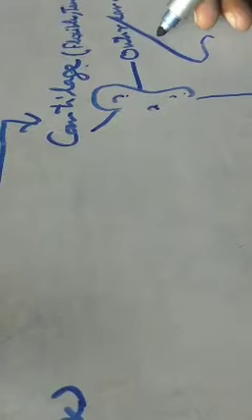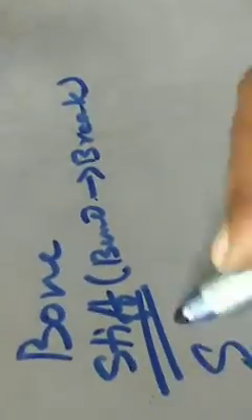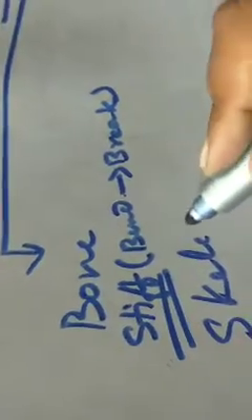This nose also is made up of cartilage, right? So this way we have various parts, whereas bones, as you cannot see them, but they make our skeletal system, right?